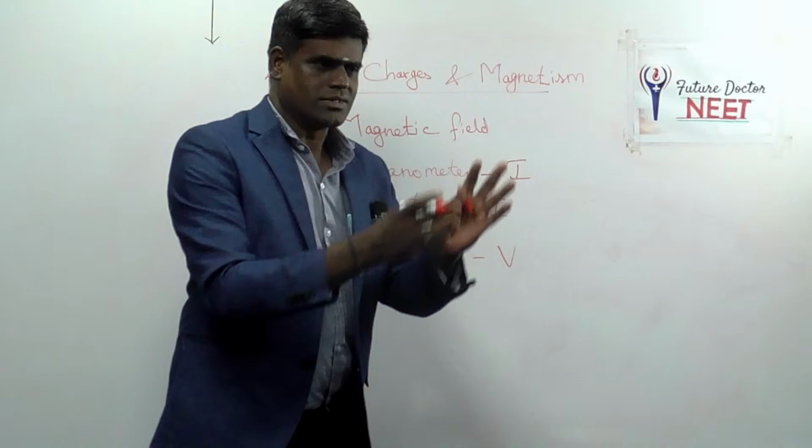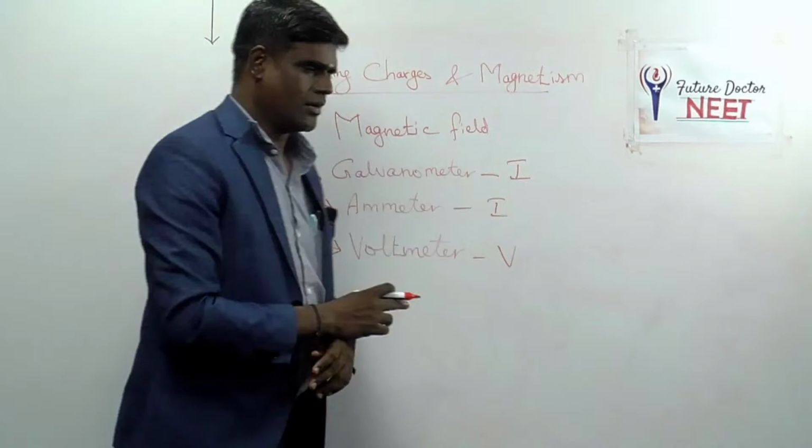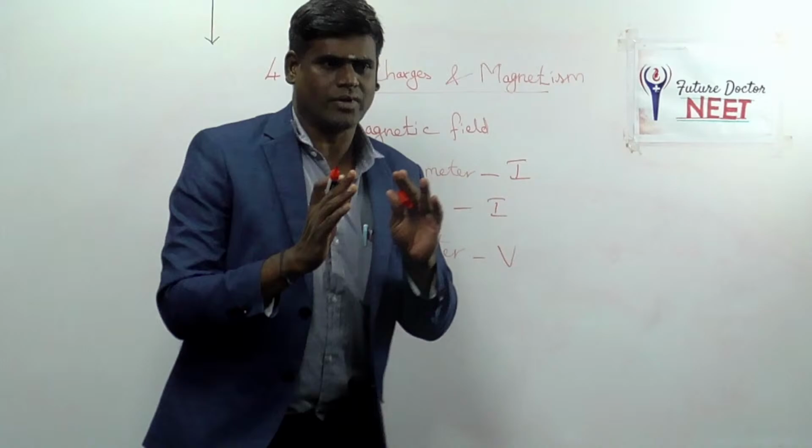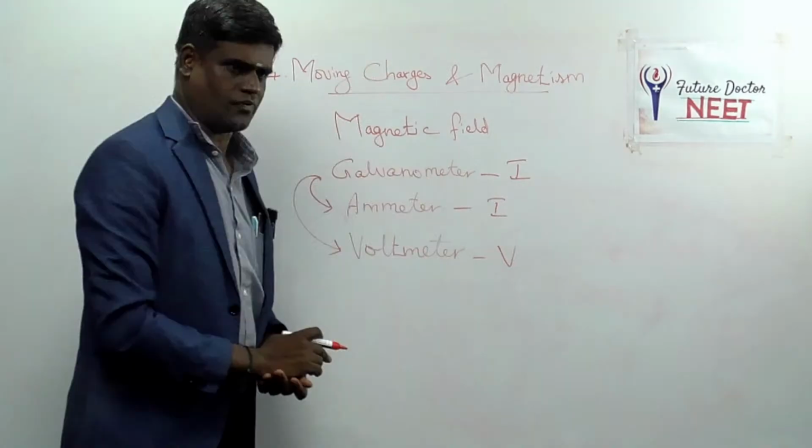Then how the galvanometer is converted into an ammeter, and into a voltmeter, and we will derive the formulas also. It depends upon how the resistance is connected. When the resistance is connected in parallel, it is an ammeter. When a high resistance is connected in series, it becomes a voltmeter.